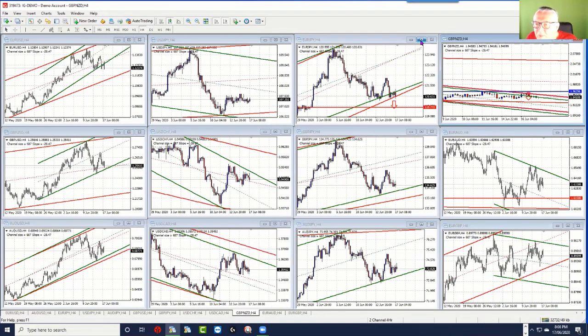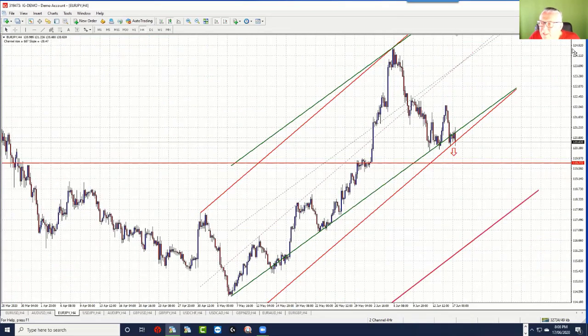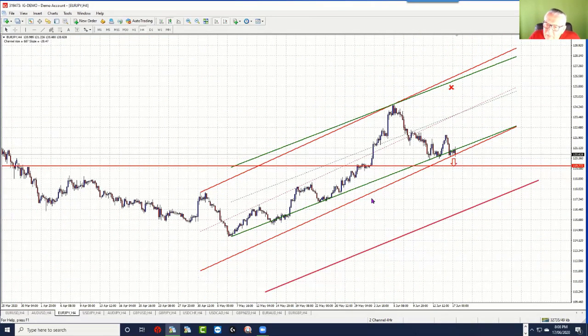The other observation we had yesterday was we looked at this one, and we said this is a 1, 2, 3, 4, and 5 should be over there, but it did look like yesterday that this wasn't going to make the 5, and this would be classified as a failed swing. In other words, it didn't swing to the other side.